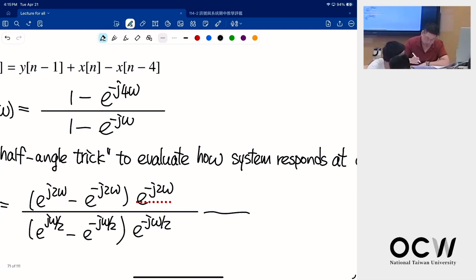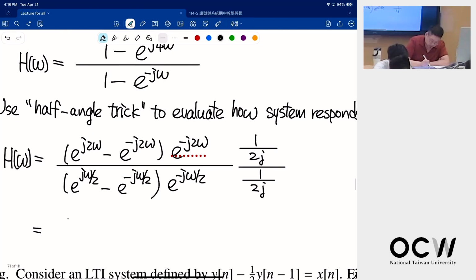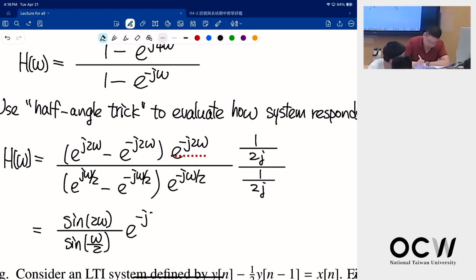Overall, you just multiply by 1 over 2j. So you get sine: in the numerator, sine 2 omega; denominator, sine omega over 2 times e to the minus j 3 over 2 omega.